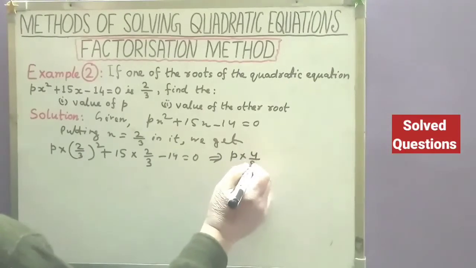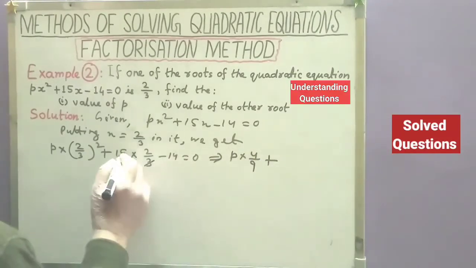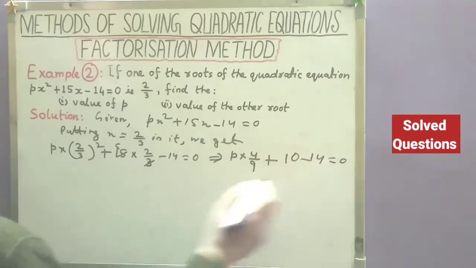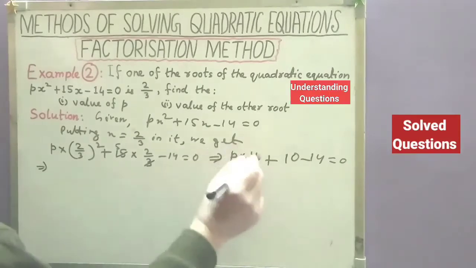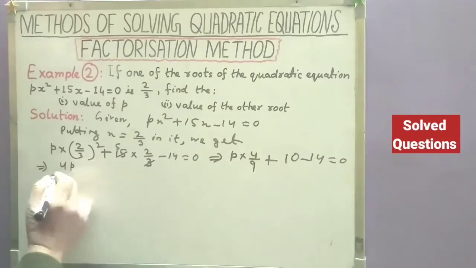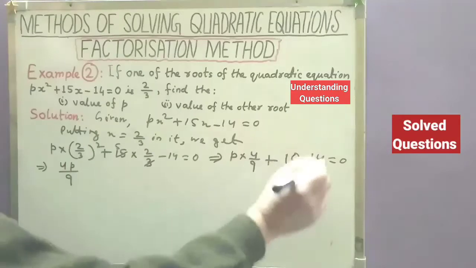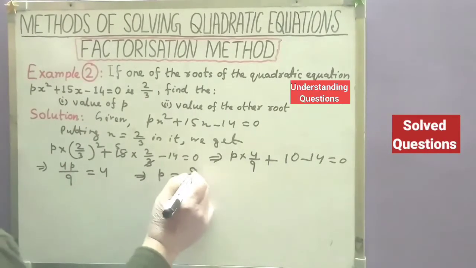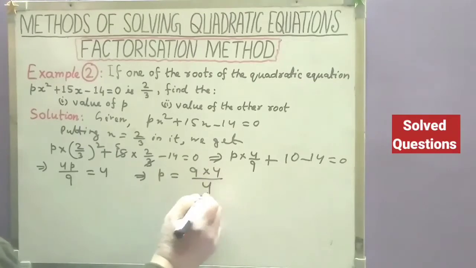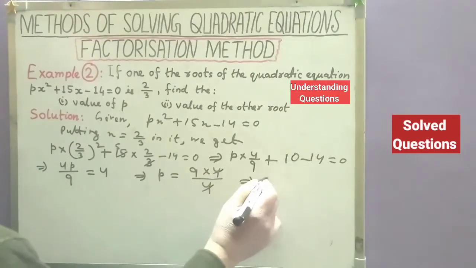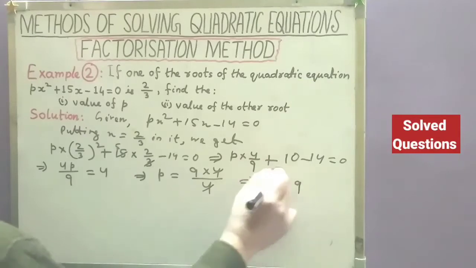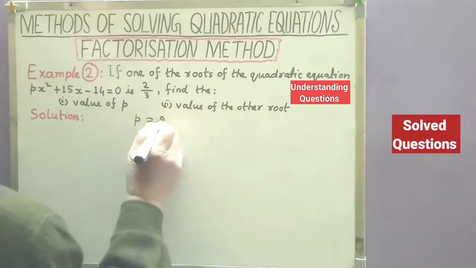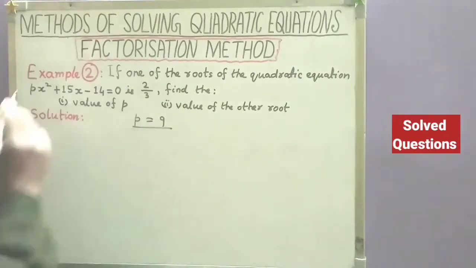That implies that p whole into 4 by 9 plus 10 minus 14 equal to 0. On simplifying, we get 4p by 9 equal to 4. That implies that p equal to 9 into 4 upon 4. That implies that p equal to 9. That's the answer for the first part, for the value of p equal to 9.